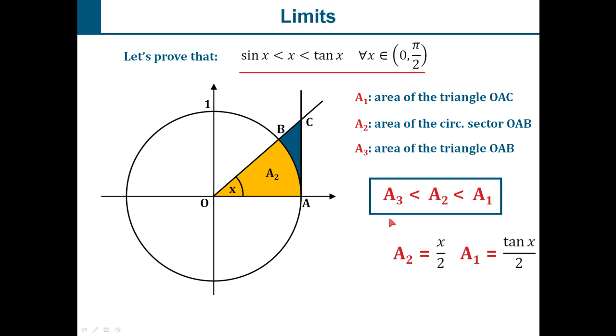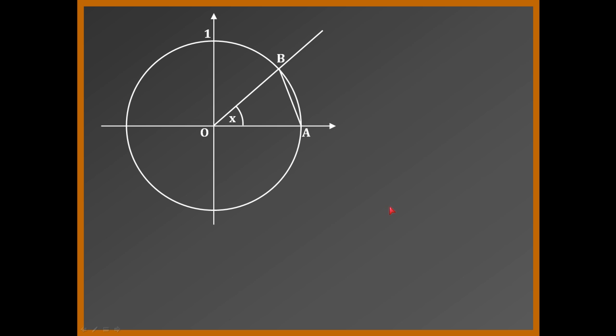Finally, we have to calculate the area A3. The area A3 is the area of the triangle OAB. Notice that by definition, the length of the base of this triangle is 1.